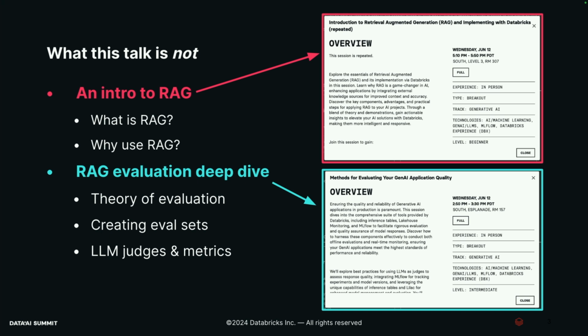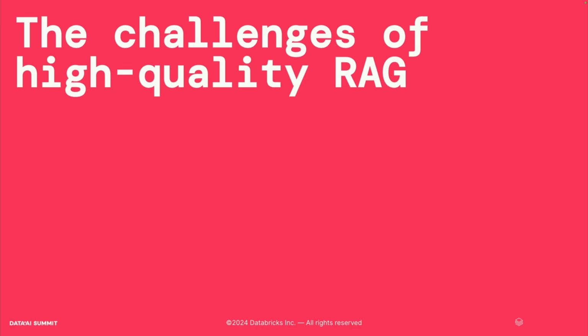We're not going to be covering, however, a whole deep dive on evaluation: the theory of evals, how you go about creating evaluation sets, LLM judges, metrics. For that, there's also a great talk that Alkis and Mike will be giving later on today at 2:20. So go to those sessions for all of that.